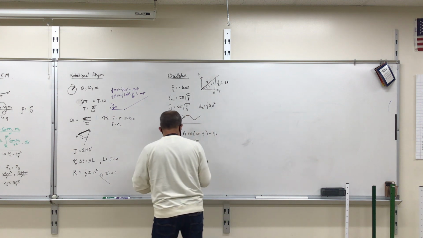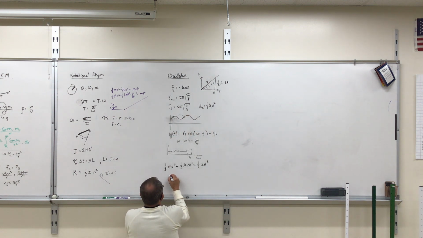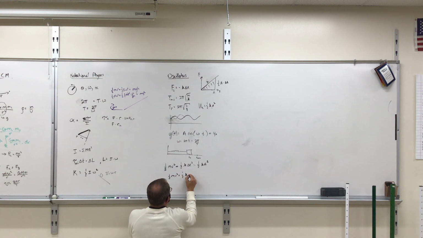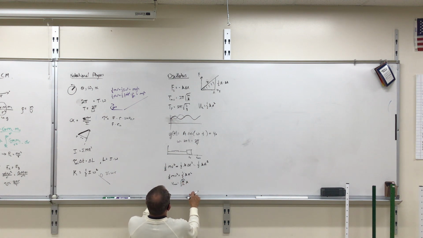If you set that equal, you get 1/2 mv squared equals 1/2 k a squared. The 1/2s cancel, and you get that the velocity max equals, let's see, the square root of k over m times a. Is that right? Yep.